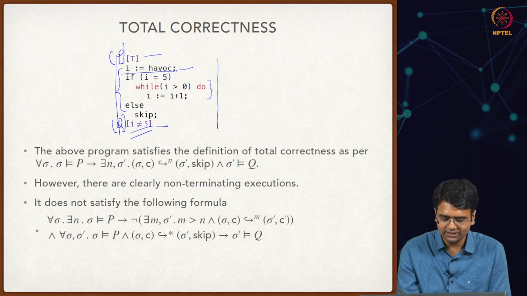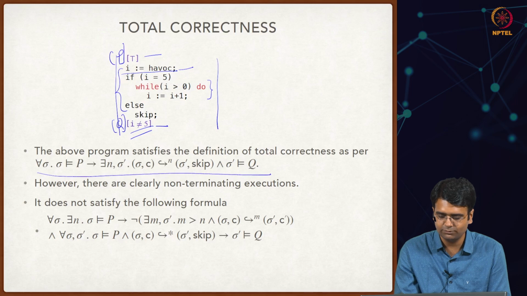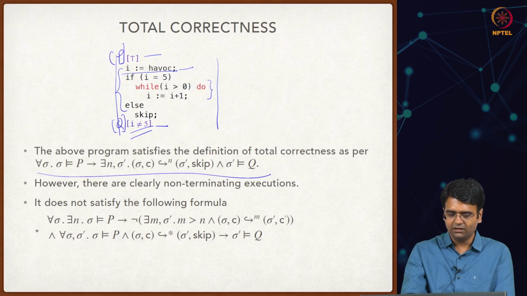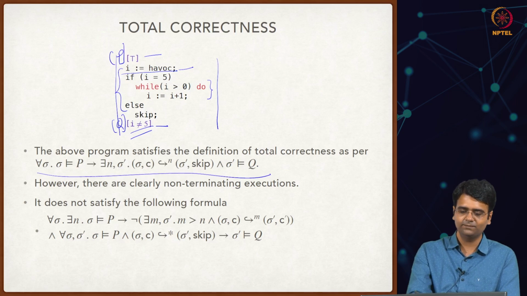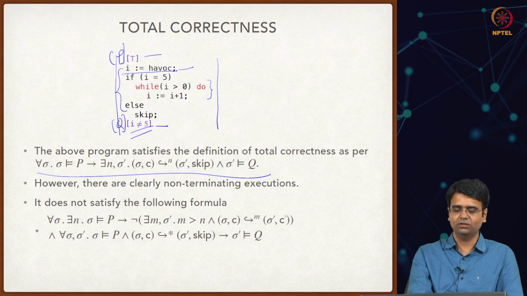If you look at our previous definition of total correctness, which was incorrect, it said that for all states sigma such that sigma is a model of P, there exists an execution which terminates.